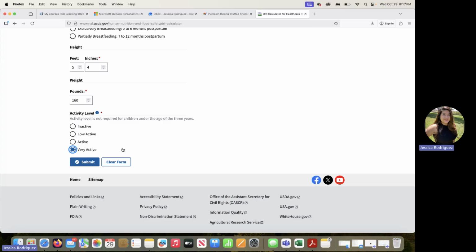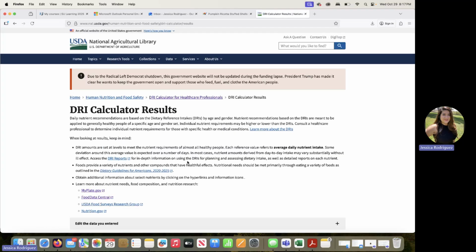For me, I'm very active. I do work out every day, so I can go ahead and submit that. If you want to put inactive, that means that you're sedentary, meaning that you do sit all day. There's not a lot of movement, so just FYI. I'm going to go ahead and click submit. It'll go ahead and generate the information for you. Okay.